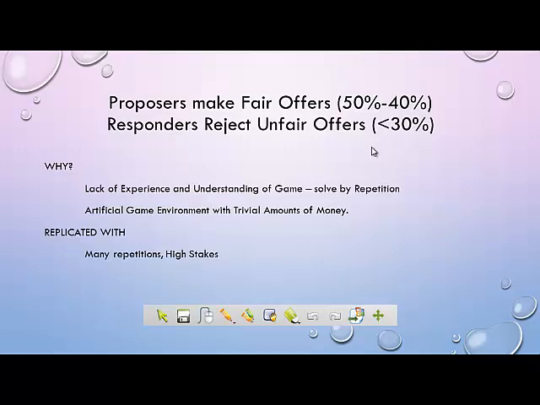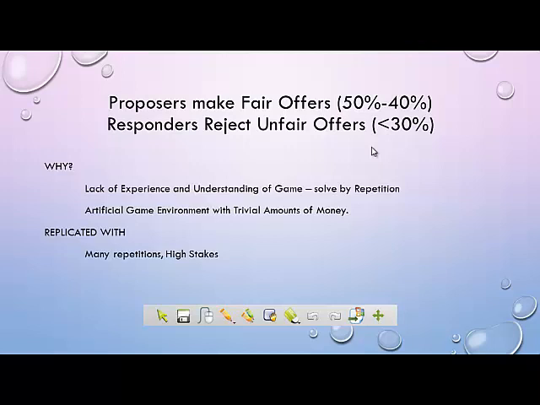So according to the economists, the behavioralists made a lot of repetitions of this game in different environments. They did this game in Czechoslovakia after the Russian fall, where the rubles were very cheap, and they did this experiment for 1 month's salary.